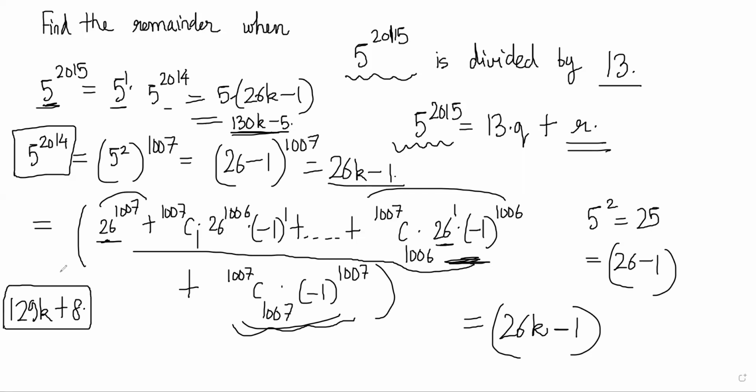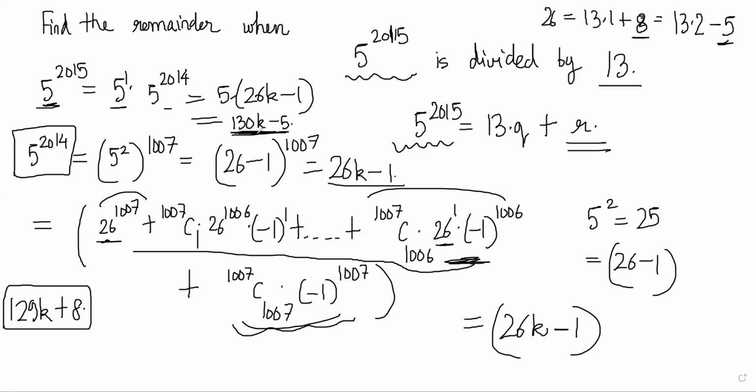Like when something is less, for example, the number 21 can be written as 13 into 1 plus 8 or 13 into 2 minus 5, right? It can give remainder of plus 8 or minus 5. Yes. So that is what I'm saying.